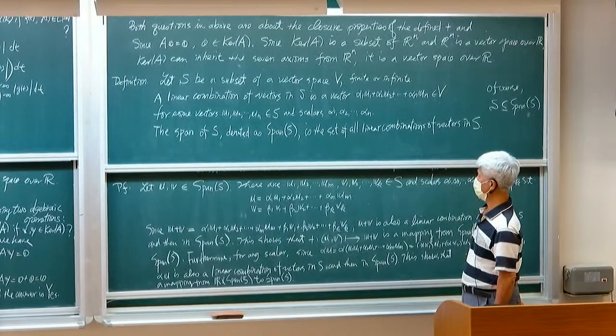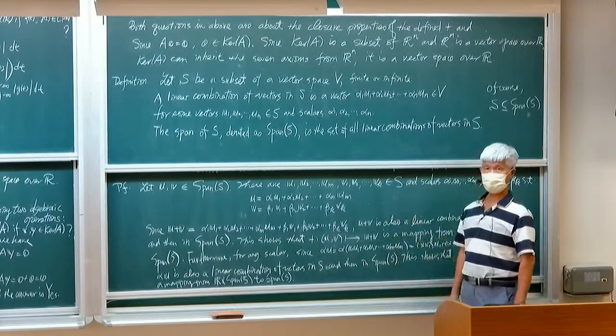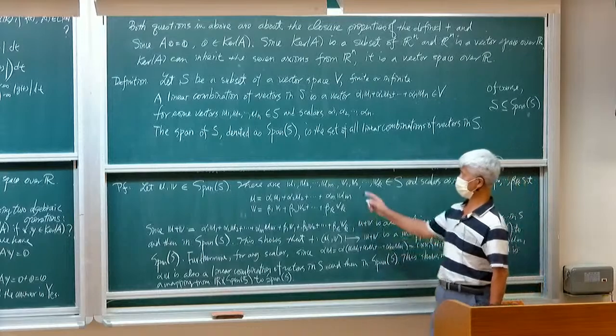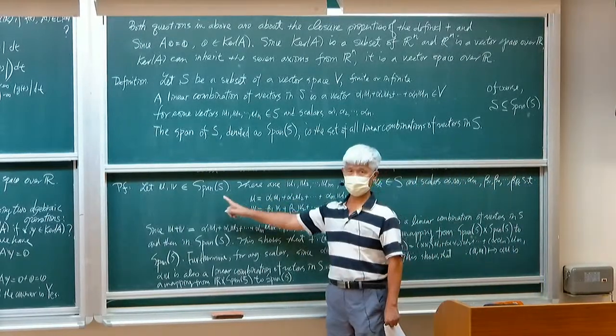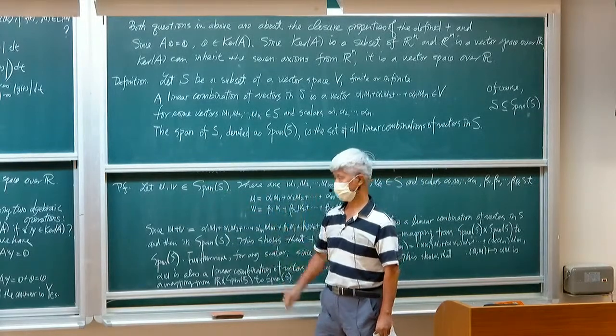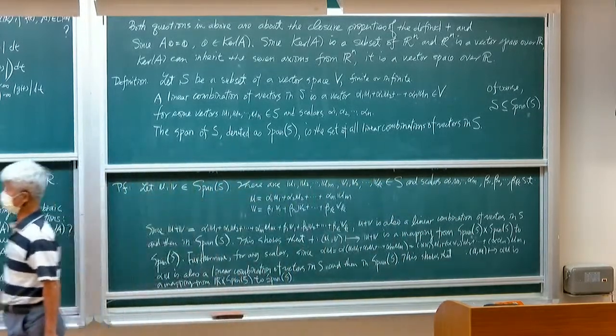All right. So we have shown the closure properties of vector addition and scalar multiplication on the span of S. So they are closed.